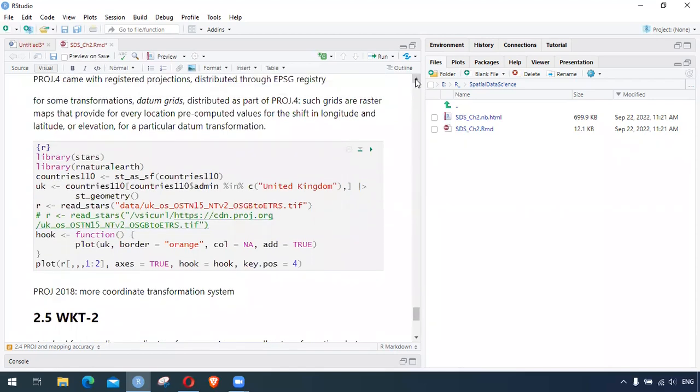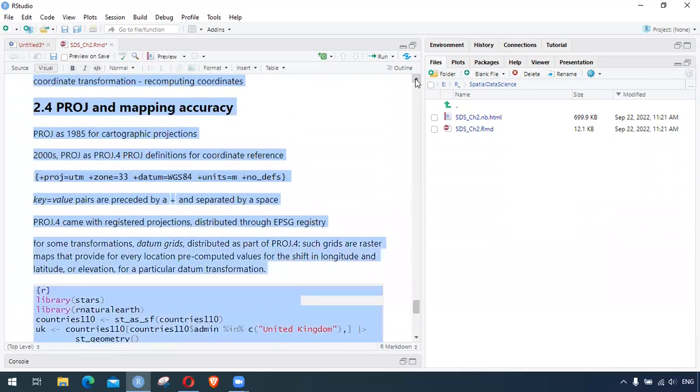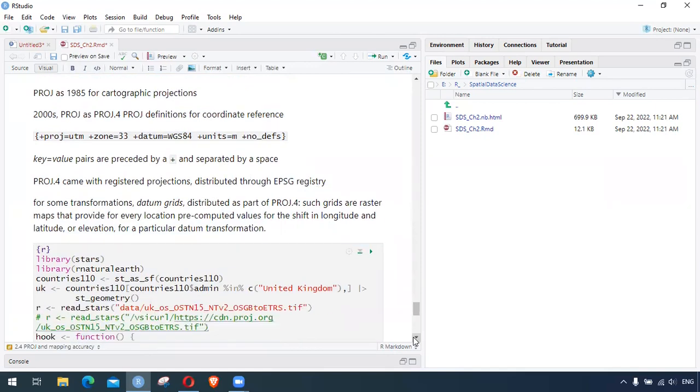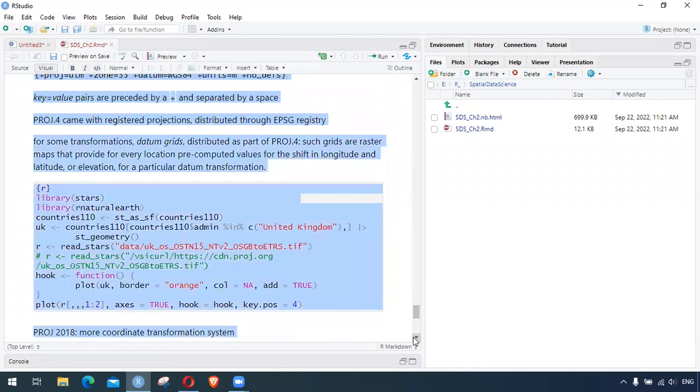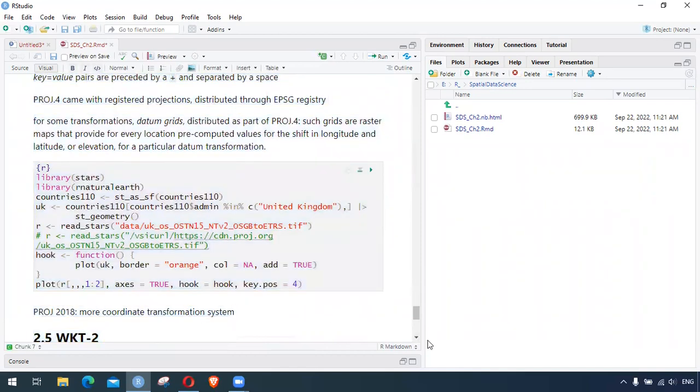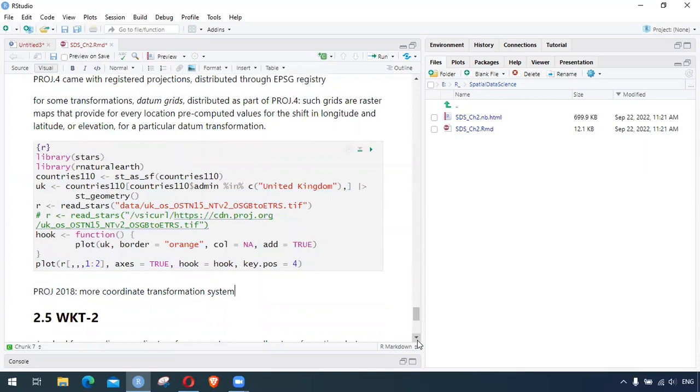In general, what 2.4 says is that once this development has occurred, it's getting easier to convert from one set of coordinates to another, making coordinate transformation more accurate and more scientific.